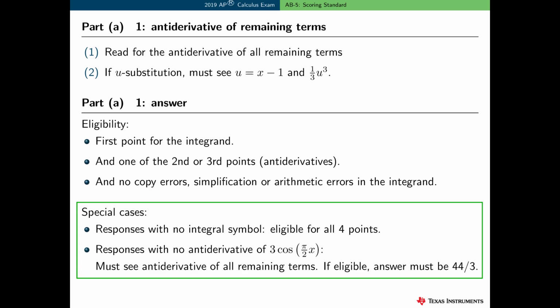And some responses did not include an explicit antiderivative of 3 times the cosine of pi over 2x. In this case, we need to see the antiderivative of all the remaining terms. And if the student is eligible for the 4th point, they must report our answer.